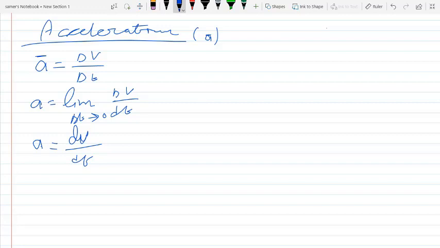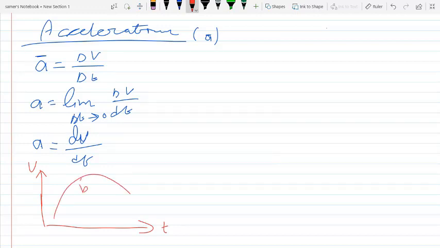And notice here that to find the acceleration from the velocity time graph at any point B, we simply have to find the slope of the tangent line of the graph at the point needed.